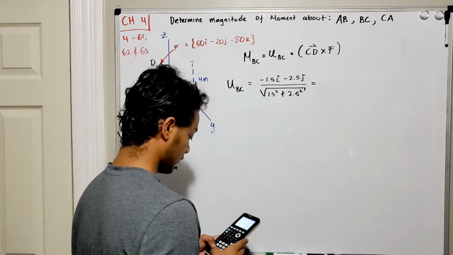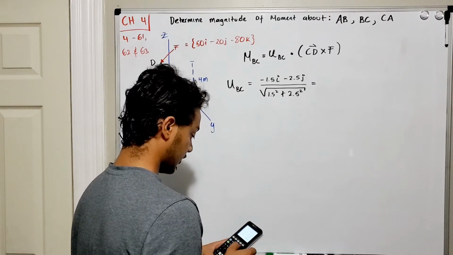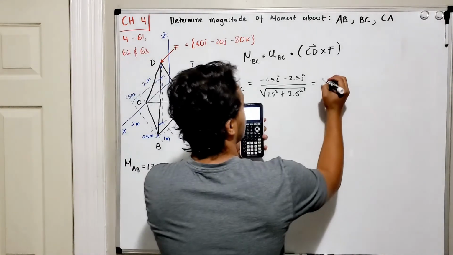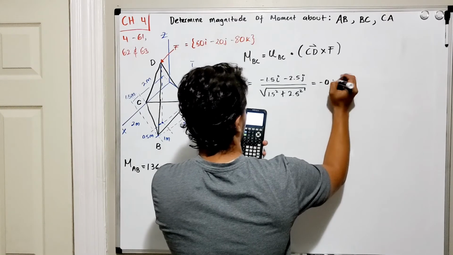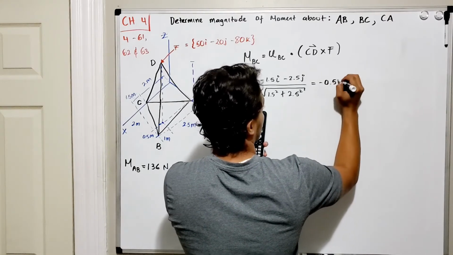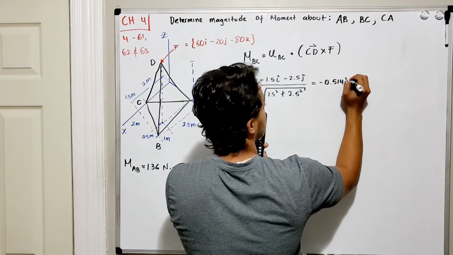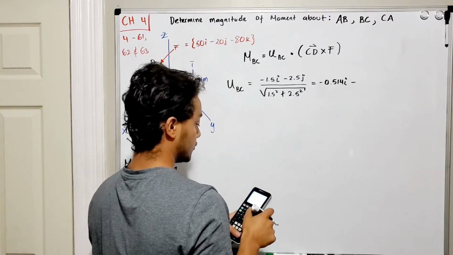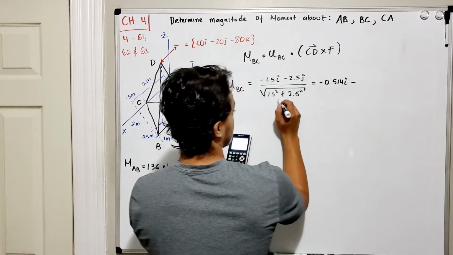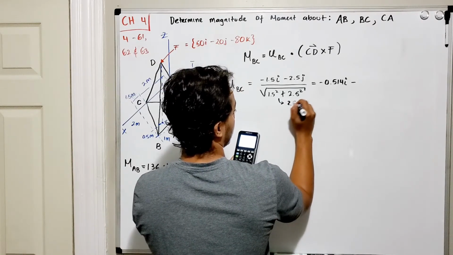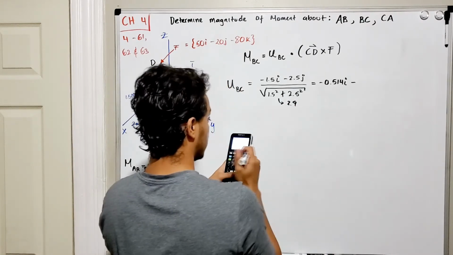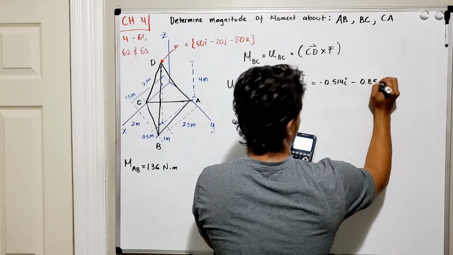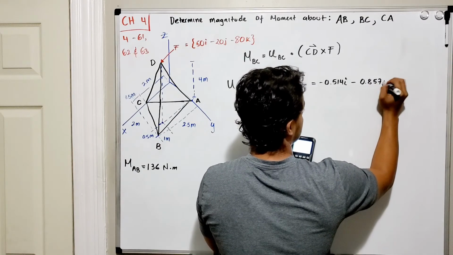So if we do 1.5 divided by my 2.9, it's equal to negative 0.514 in the I direction. And then we're going to have negative 2.5 divided by my 2.9. So basically this guy was equal to 2.9. So we will have negative 0.857 in the J direction, okay?